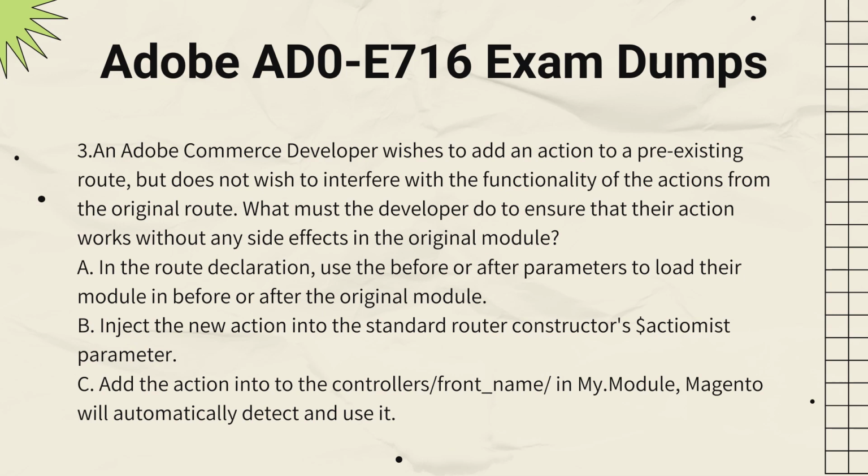B. Inject the new action into the standard router constructor's $actionList parameter. C. Add the action into the controller's front_name in my module. Magento will automatically detect and use it.